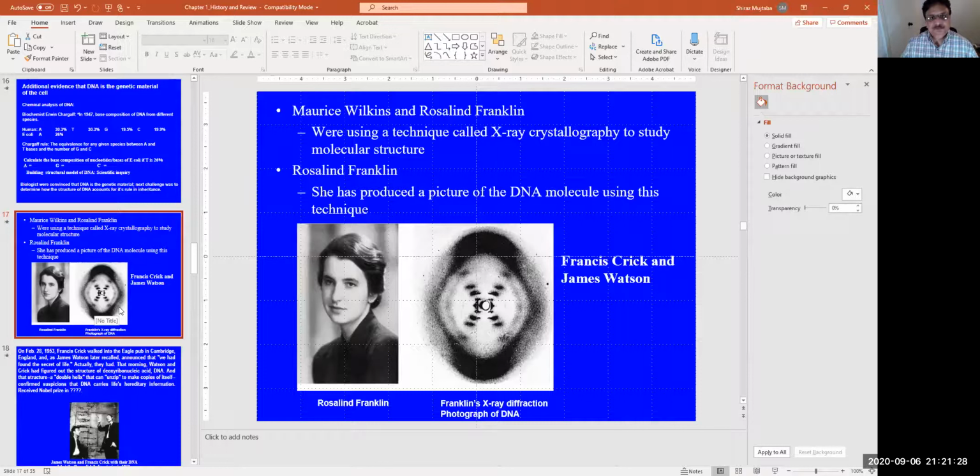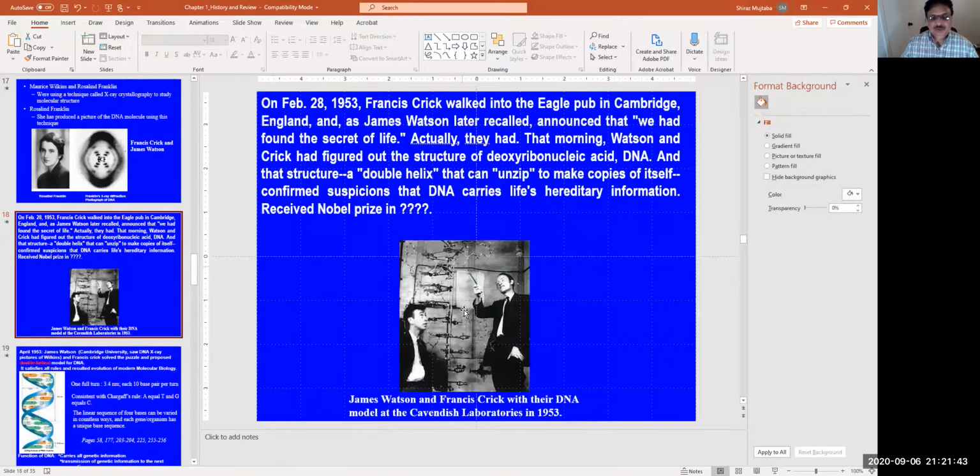And that work was interpreted also by Watson and Crick. So Watson and Crick got the idea from the work of Rosalind Franklin, and then they discovered the structure of DNA, and they got the Nobel Prize in 1953. So the big contribution in the Nobel Prize of Watson and Crick was the work of Rosalind Franklin.